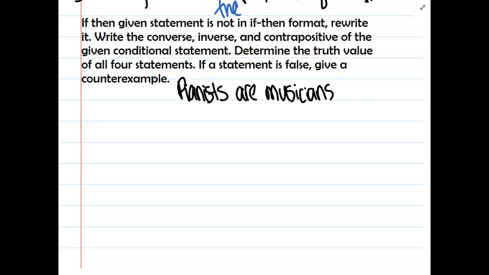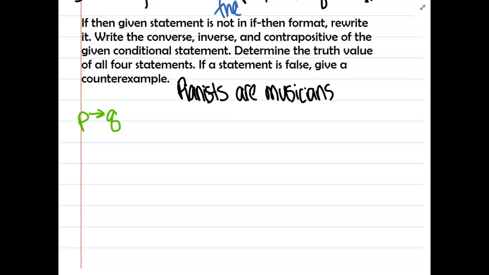Okay, so let's talk. This would be a good time to talk about that notation. If I want to write just the conditional, that's P, then Q. So P, an arrow, and then Q. So I need if, the hypothesis, then the conclusion. What's the first thing that has to be true?